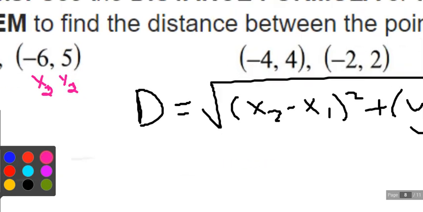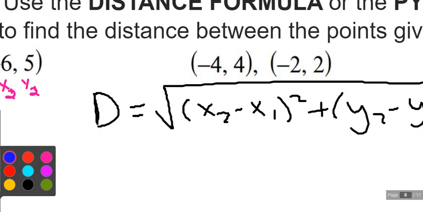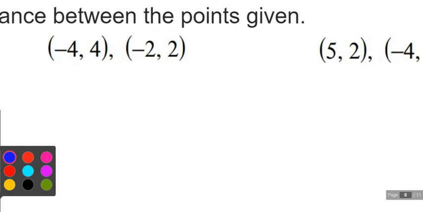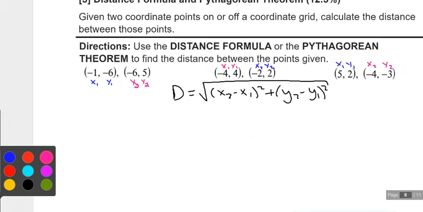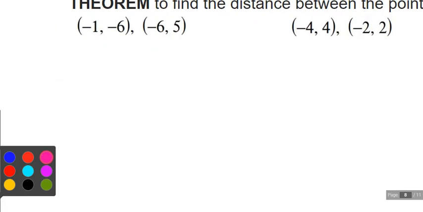Moving to example 2, let's call this one x1, y1, and this one x2, y2. Again, it doesn't matter what you call what, you just have to stay consistent with your call outs. Let's go back to doing x1, y1, and call this one x2, y2. All right, cool. Now that we know what's what, let's apply the distance formula 3 times.